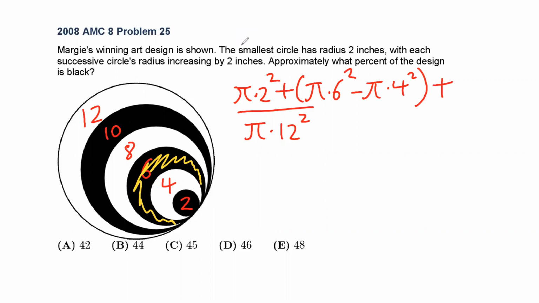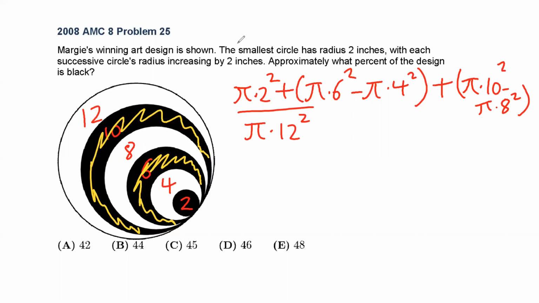And finally, the third black section is a black circle of radius 10 minus a white circle of radius 8, so pi times 10 squared minus pi times 8 squared. So that's the entire numerator.